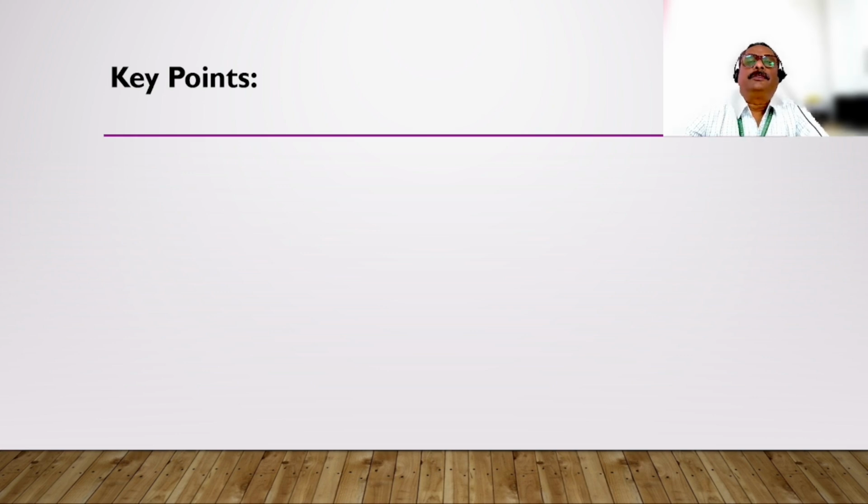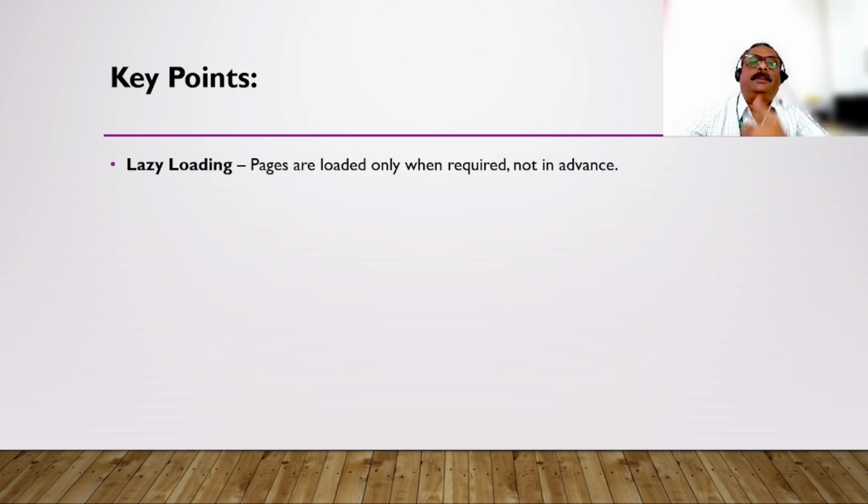So the key points of demand paging: the first thing is what we call lazy loading. That means all the pages are not required at any given time. So whatever page is required, only that one will be loaded. All others are not loaded in advance. The others show some sort of latency, laziness.